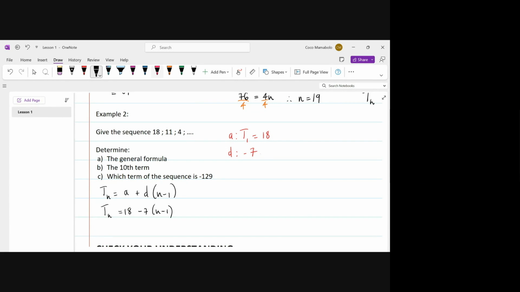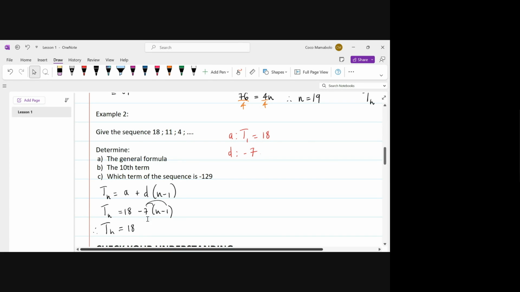This is because technically this is plus -7, and a plus and minus will give us a minus. Yes. Keep going. And then you place 18 down, then say -7 times n, which is -7n, and then -7 times -1, which gives you +7.